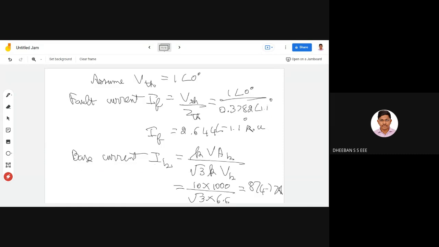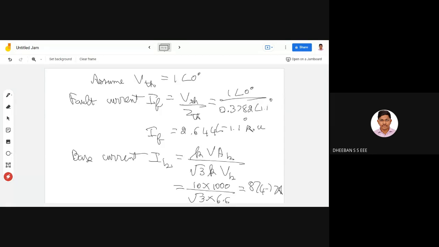To get the value of your fault current in amps, that is your SI unit, you have to multiply this per unit fault current with your base current, that is IB. I hope you are clear. So for that you have to find the IB, that is the base current.